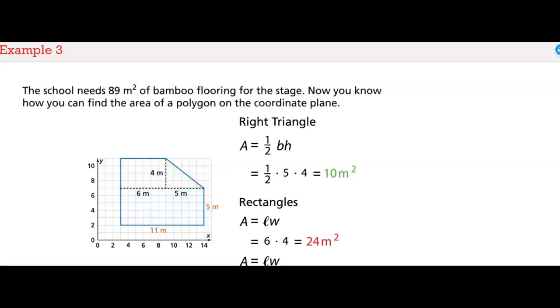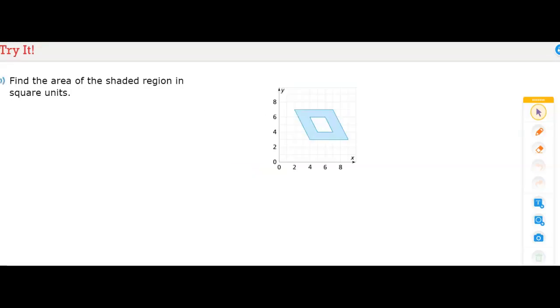The school needs 89 square meters of bamboo flooring for the stage. Now you know how you can find the area of a polygon on the coordinate plane. Find the area of the shaded region in square units.